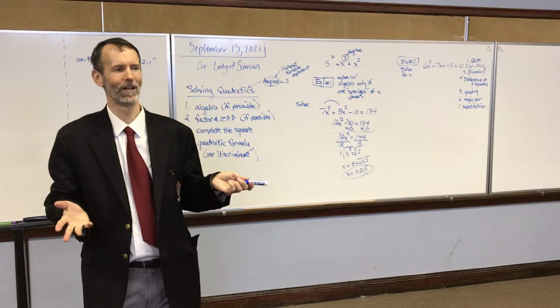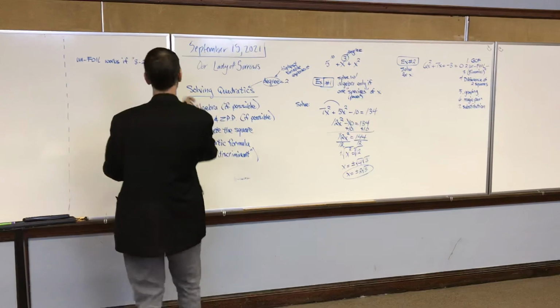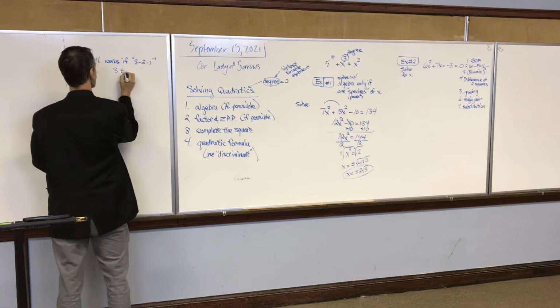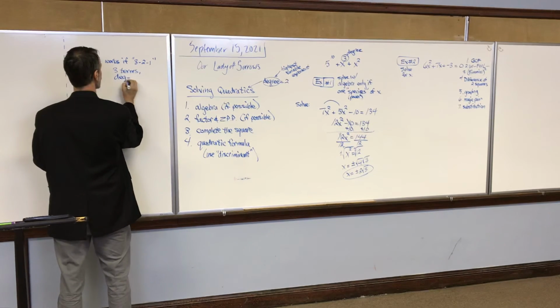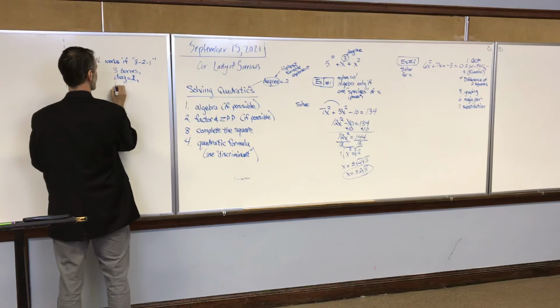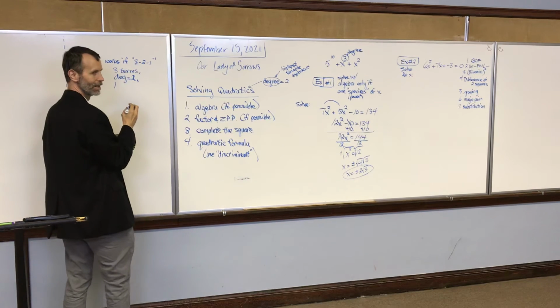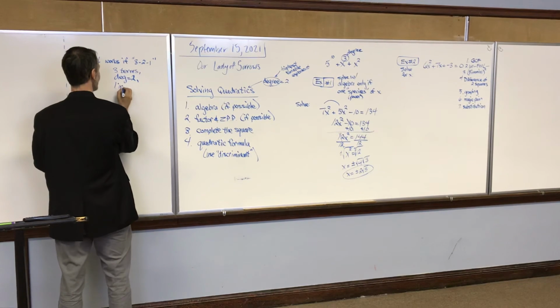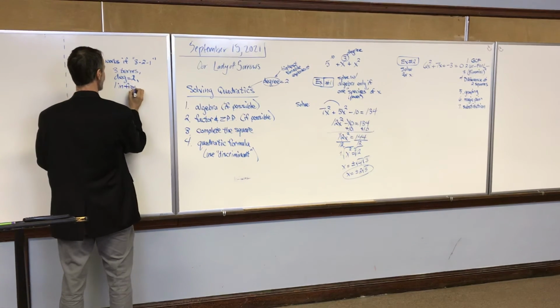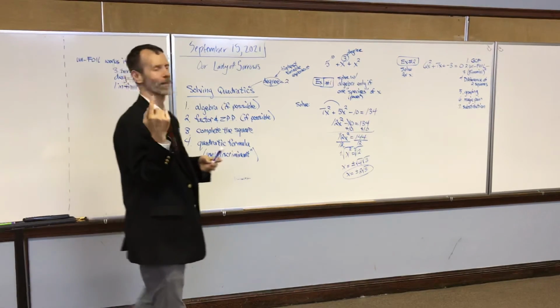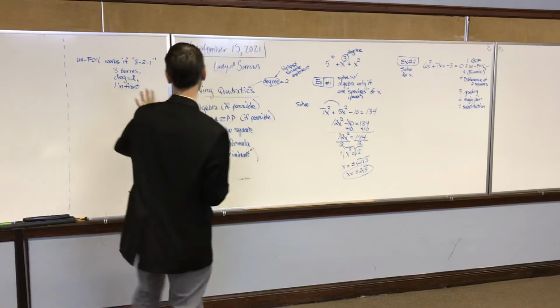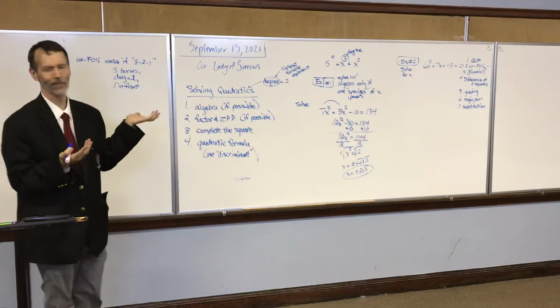What do those stand for? Three terms. Degree of 2. And one in front, coefficient. So if the lead coefficient in front of x squared is 1, and if the degree is 2 and there are 3 terms, you can try unfoil.